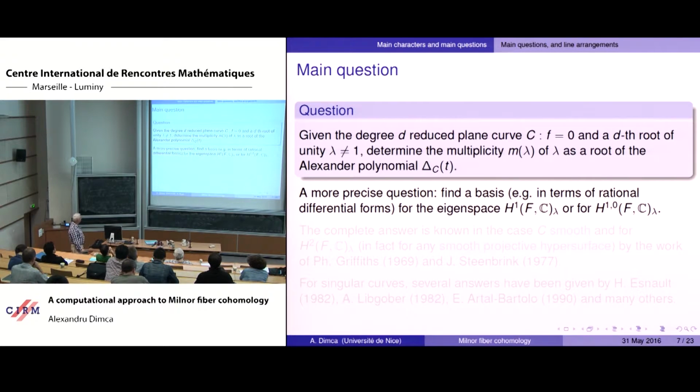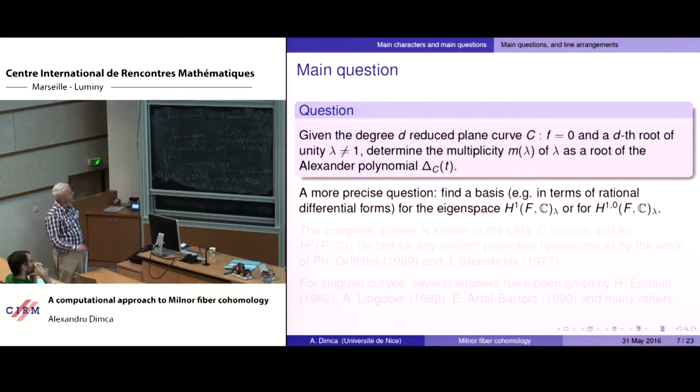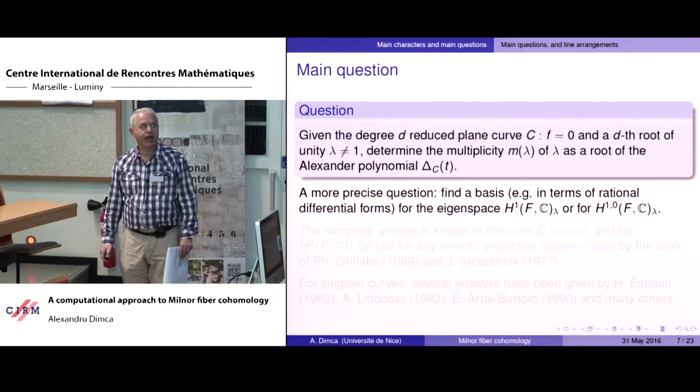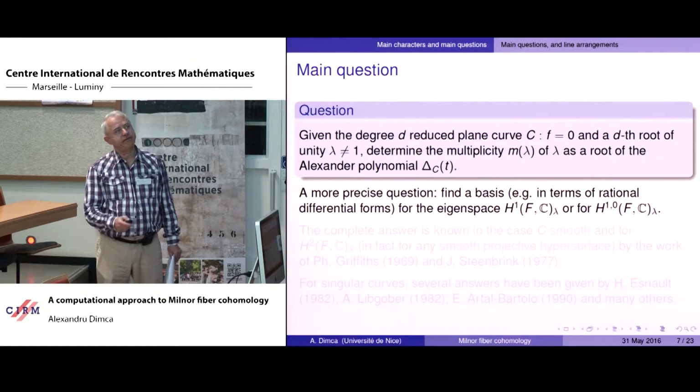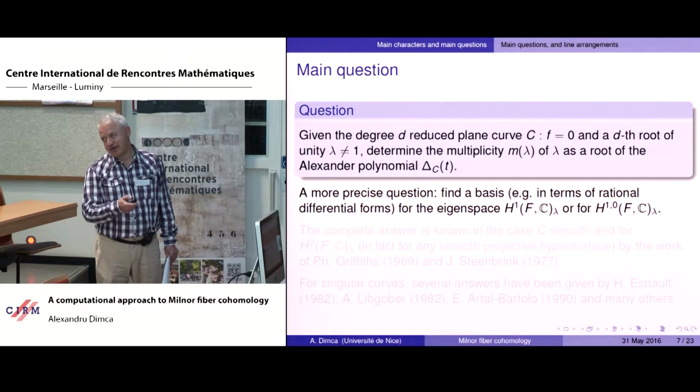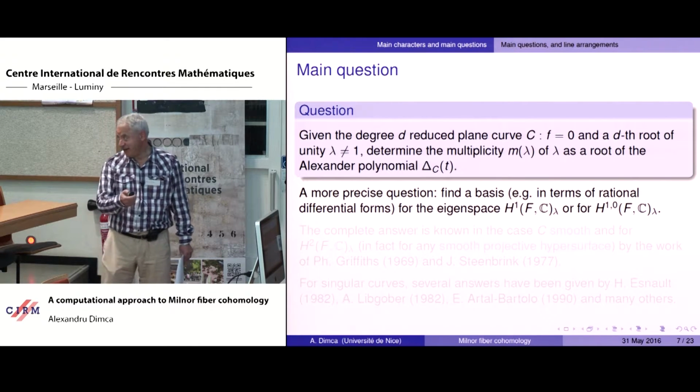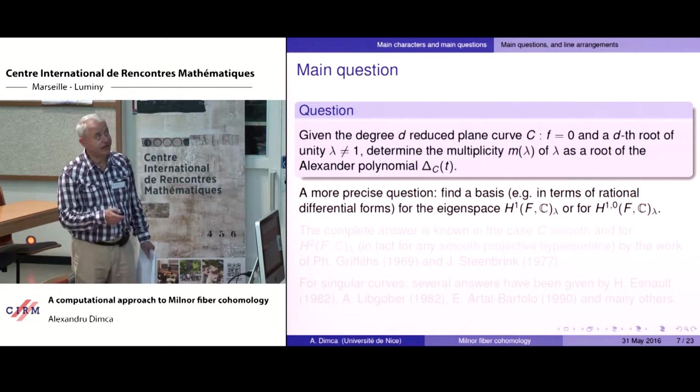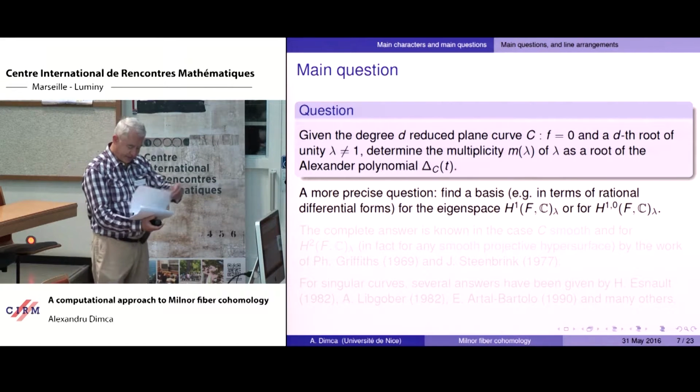And a more precise question would be not only to compute the dimension of this space, but to describe a basis, maybe in terms of rational differential forms, for this space or for some Hodge component of this eigenspace. And this might be useful if you have a finite group acting on the Milnor fiber, and if you want to compute the invariant part, if you have an explicit description of the cohomology, then you can do everything you like with this cohomology space.